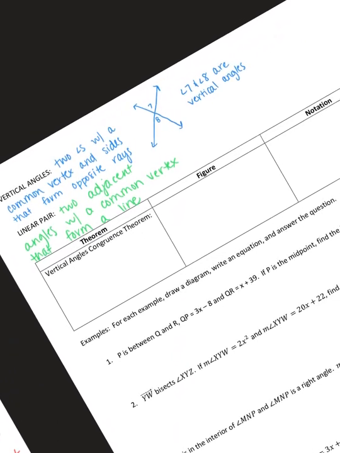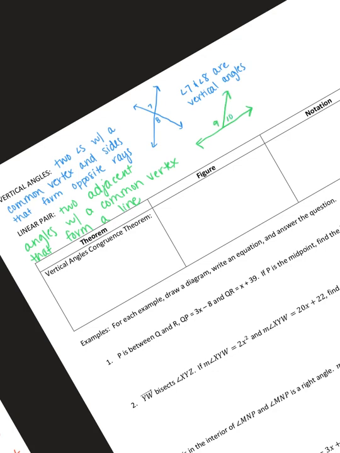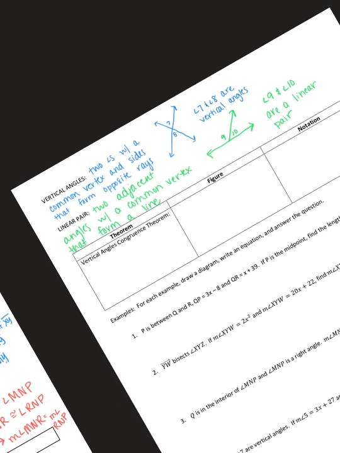Okay, so by definition, we can identify linear pairs. So we need to have adjacent angles like angles 9 and 10 that together form a line at their vertex. And we say angle 9 and angle 10 are a linear pair. And then you know from the previous notes section, the linear pair postulate says that we can say the measure of angle 9 plus the measure of angle 10 is equal to 180 degrees.